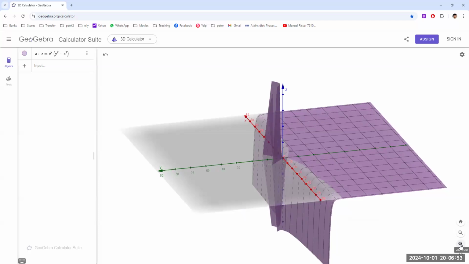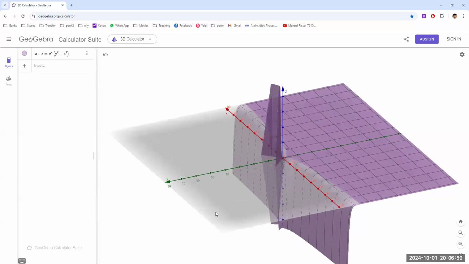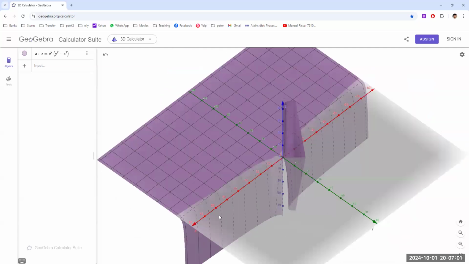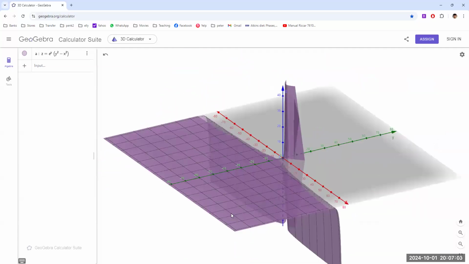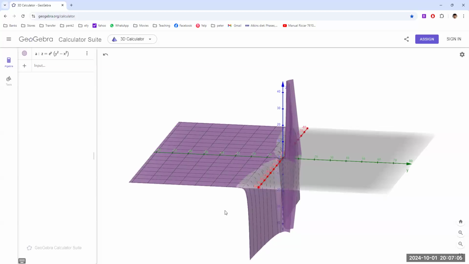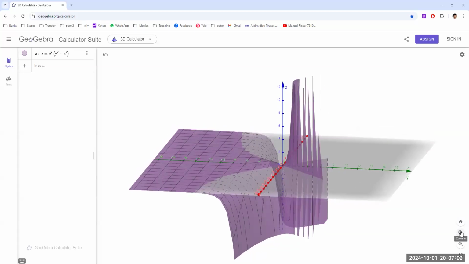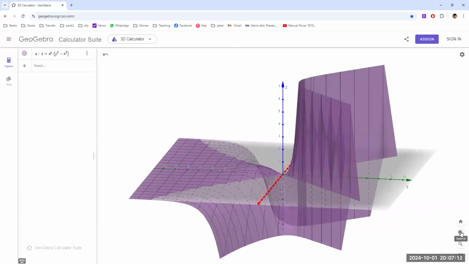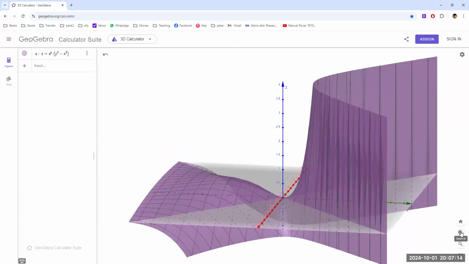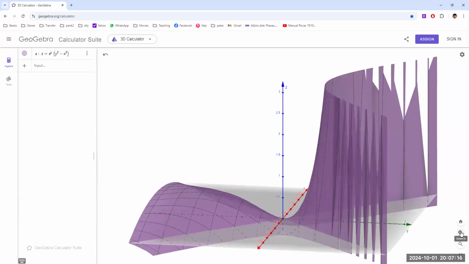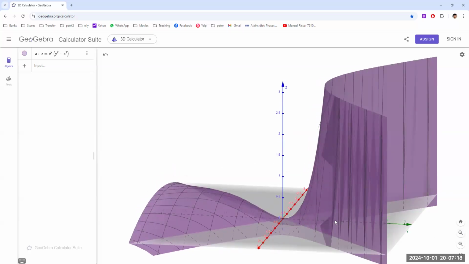It's not really clear. So 0, 2 is the one that we have a hard time to see. This is 1, this is 2, it's up here.